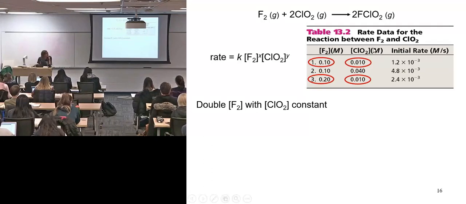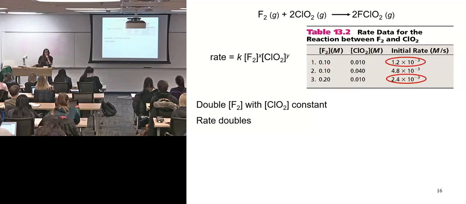So we have chlorine dioxide staying constant at 0.01, and fluorine we're doubling. When we double it, what happens to the initial rate? It also doubles, going from 1.2 times 10 to the negative third molar per second to 2.4.